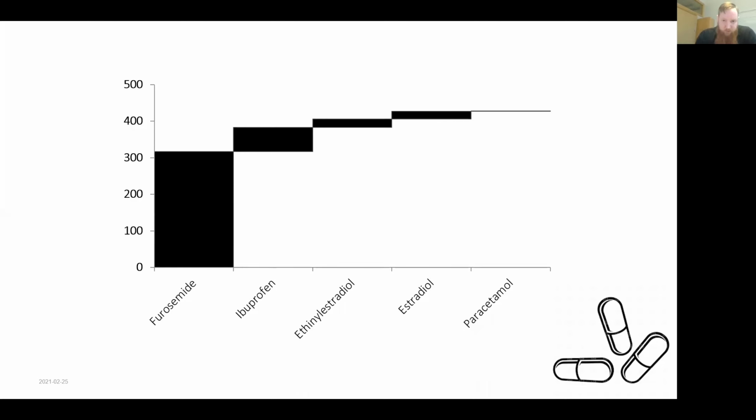The last thing that we can notice about this figure is simply that, at least for ibuprofen, ethinyl estradiol, and paracetamol, those are compounds which are reported in the literature as causing risks in the environment. So this is kind of reasonable output. And as a modeler, once again, you're looking at this and you're thinking, well, then maybe we're kind of onto something. Also for all of the other compounds where we have less information.